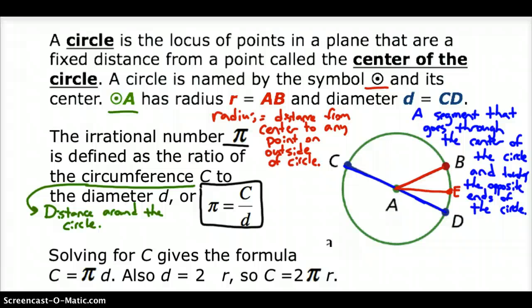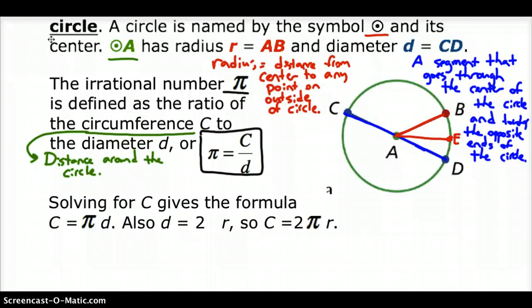Okay? And so it says at the bottom now, when we solve for C, so when we solve for circumference, the formula for circumference, there's two of them. Okay, so here's the first one. We can say that circumference equals pi times diameter. Also, we know that the diameter is basically 2 times r, right?